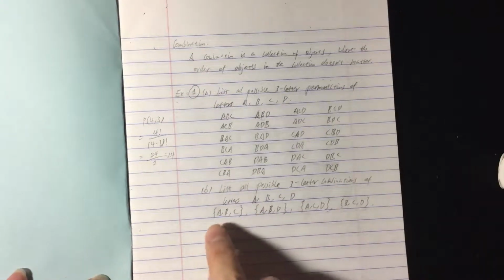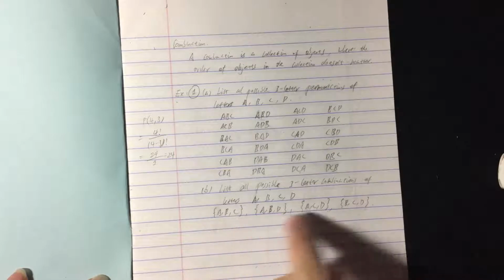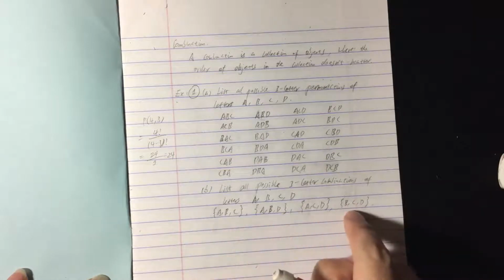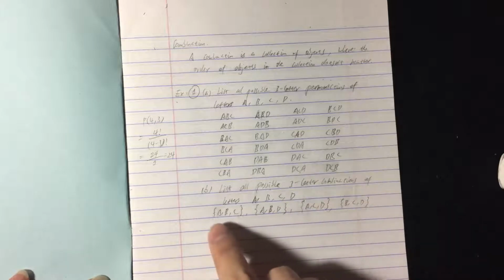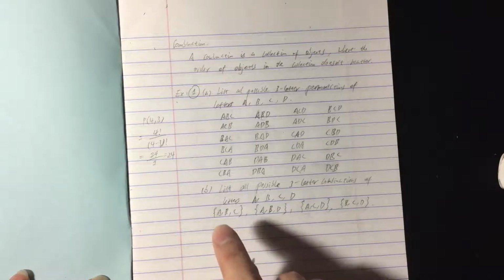Observe here. Each collection has 3 elements. When we switch the order of these 3 elements, it makes no difference. The number of different orderings for 3 elements is 3 factorial.